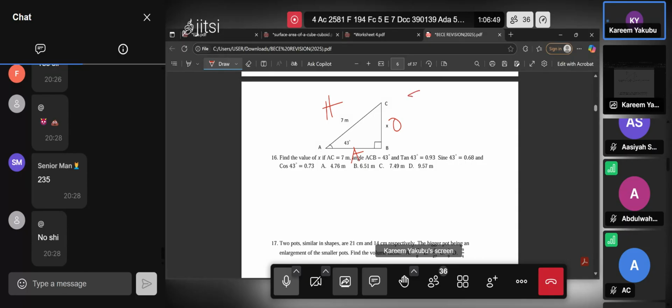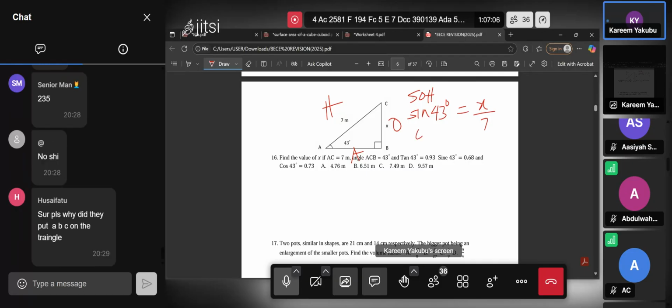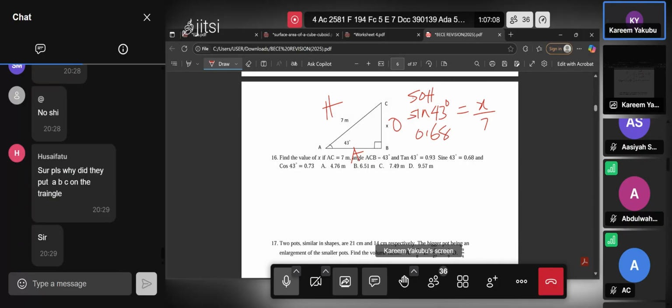That is SOH. So we are going to use SOH. That means we have sine 43 degrees equals x over 7. And sine 43 from what we are given here is 0.68. So 0.68 equals x over 7.